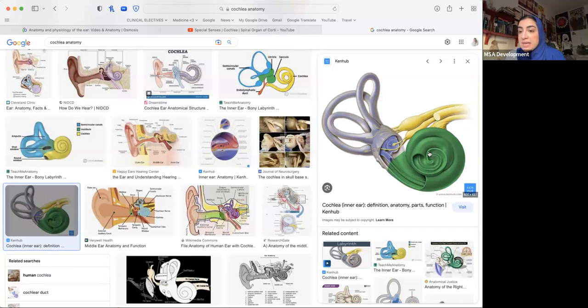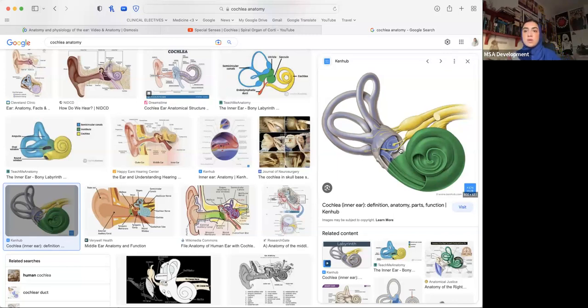And you see how it doesn't end over here. There's a space that allows for the movement of the fluid. That's very important, and I will explain in a second, but this allows for the movement of the fluid, and that will allow for certain pressures to be maintained in the cochlea, and I'll show you how in a second. But just remember that it's a spiral.